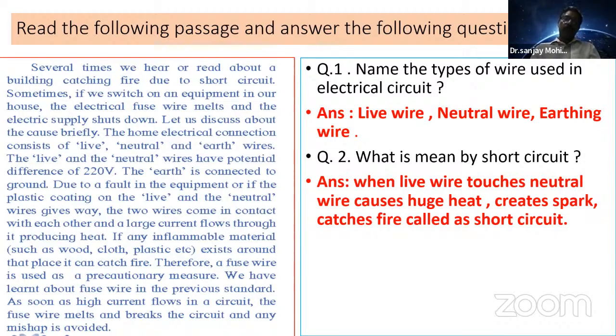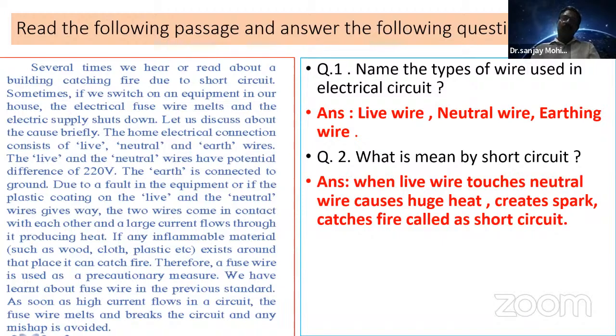There is always a difference between a science passage and any other language passage. The short circuit definition is not mentioned, but some points and clues are given in the passage. So we have to recall what we learned in lower classes, and according to that, write the answer.